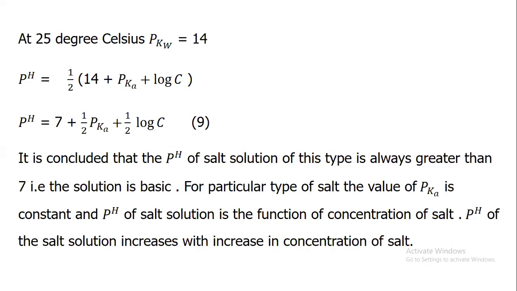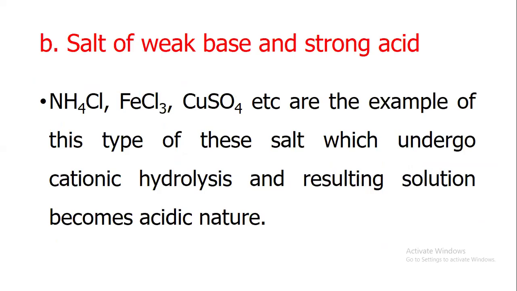That is, the solution is basic for this type of salt. For a given salt, pKa is constant and the pH of the salt solution is a function of the concentration of salt. So the pH of the salt solution increases with increasing concentration of salt.